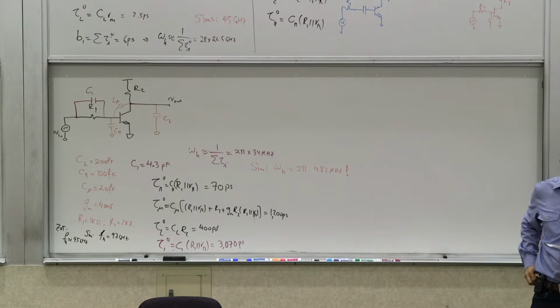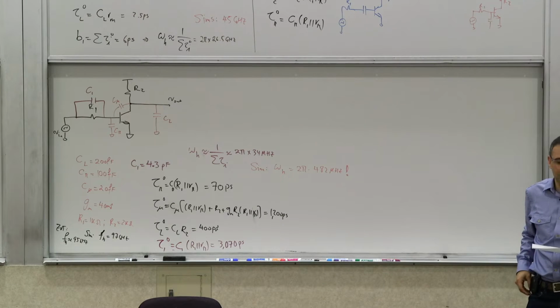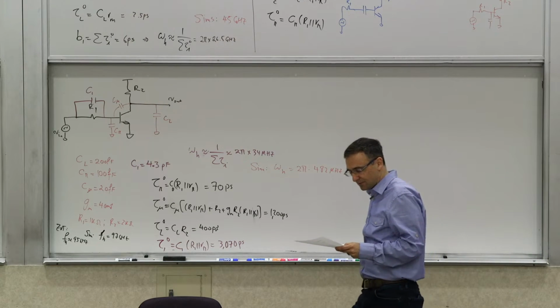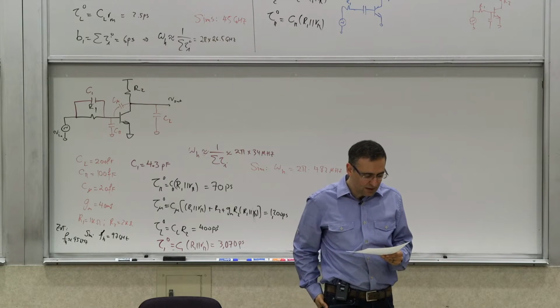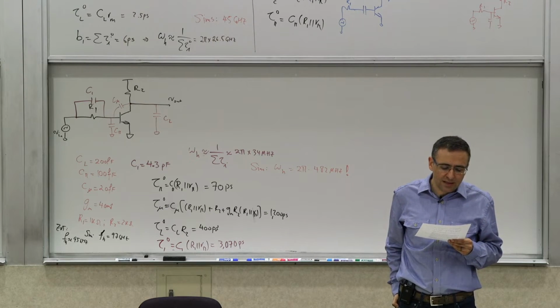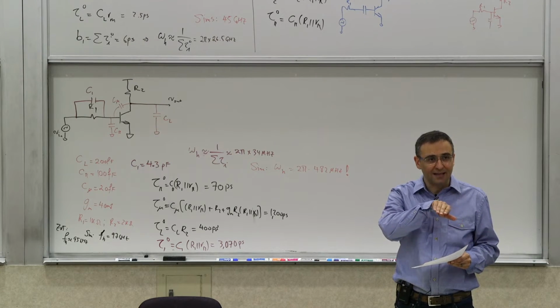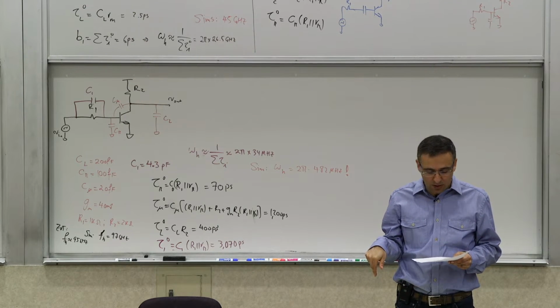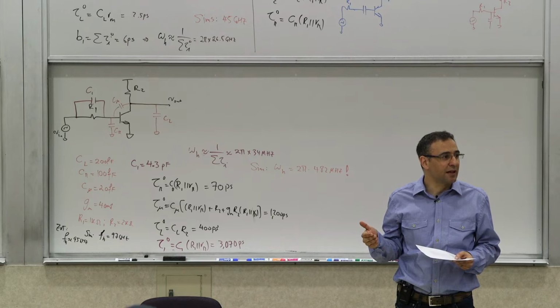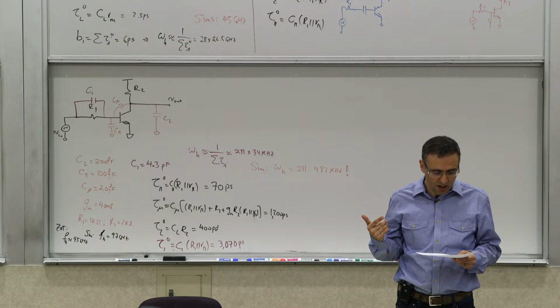So what has happened? Look at that transfer function, the Bode plot that we have, and see what you see. In the amplitude plot, it's flat, then it starts dropping, and the slope is negative 20 dB per decade, which corresponds to a single pole.